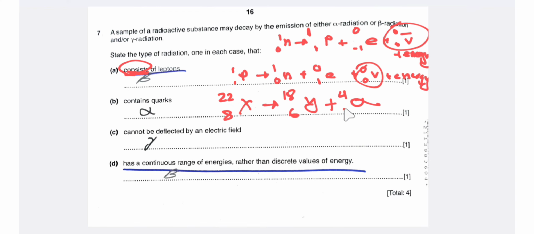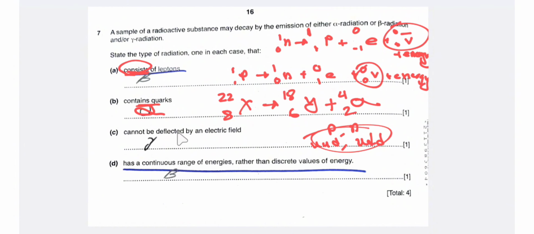So alpha particles are emitted. Now for alpha particles, here we can see that they contain quarks. That means alpha particles consist of protons and neutrons. Protons are made up of up, up, down quarks and neutrons are made up of up, down, down quarks. So for this decay, they consist of protons and neutrons, they consist of quarks. So the decay would be alpha decay.